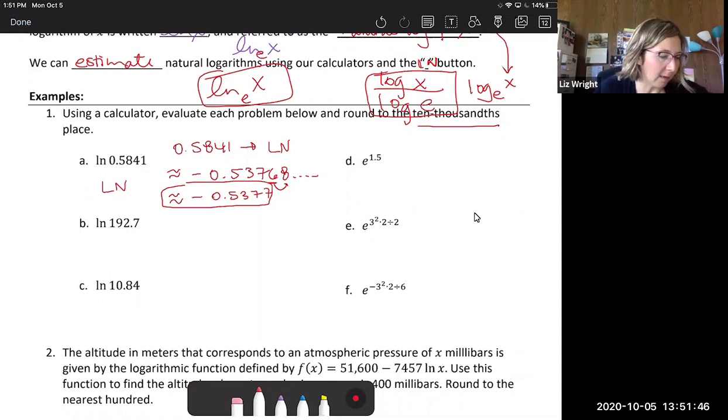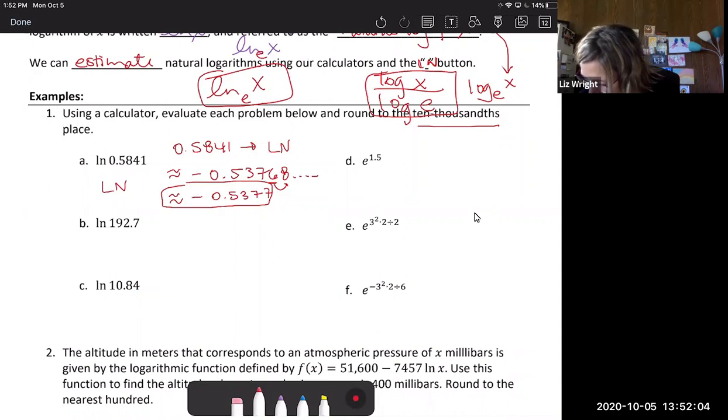And then for letter D, we're going to do similarly to what we did with taking the powers of 10 to a particular exponent. So here in my calculator, the E button, I have to find it. Okay, so it's above the natural log button. So you have to hit the second button and then the natural log button.